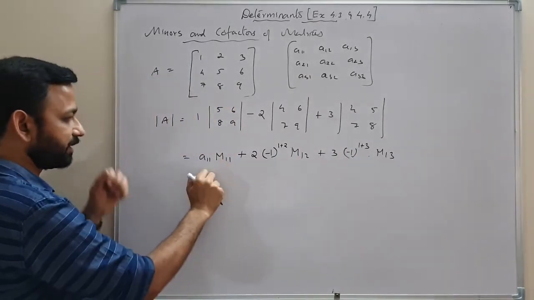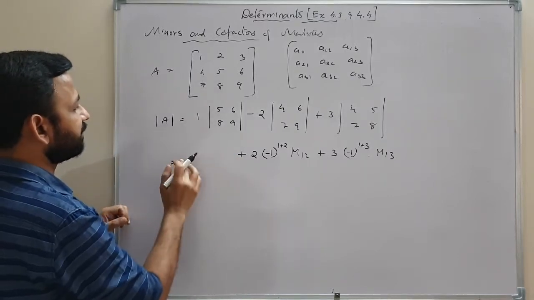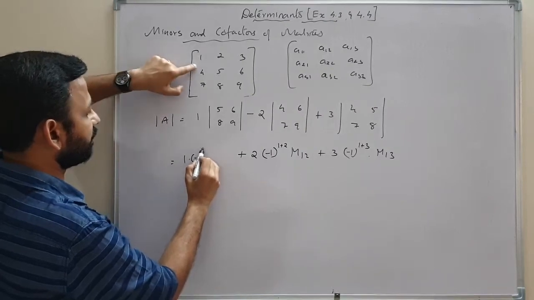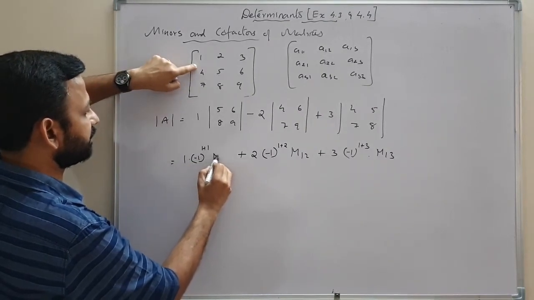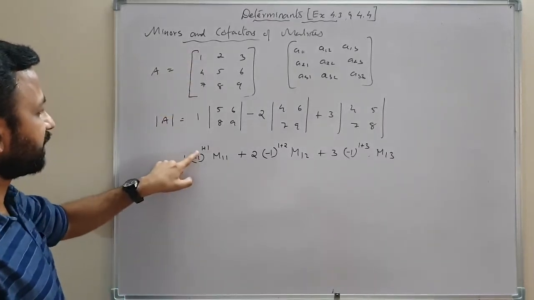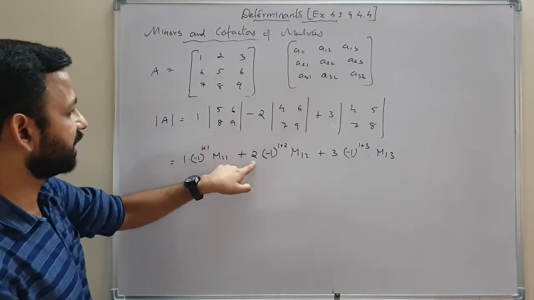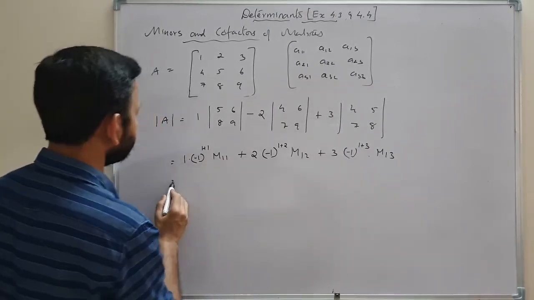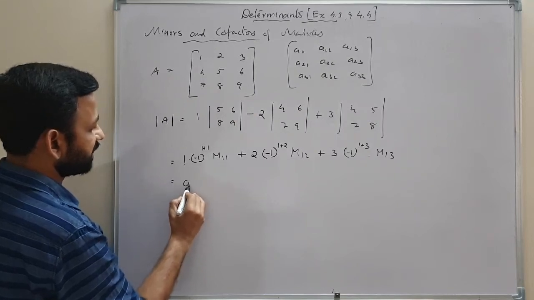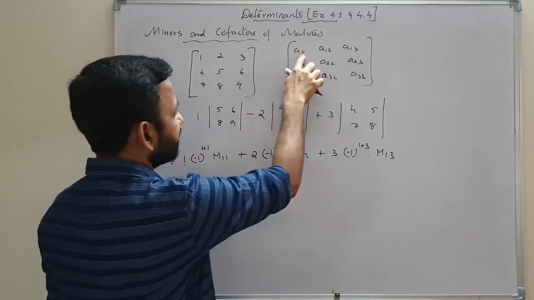And here also we need to make some changes. So this one we can write as 1 into minus 1 raised to 1 plus 1 into M11. Minus 1 raised to 1 plus 1 is minus 1 raised to 2, that is 1 into M11. And 1 is the first element, A11, into minus 1 raised to 1 plus 1 into M11.